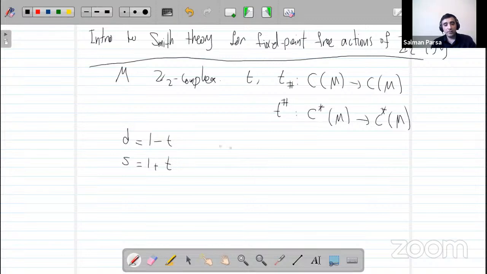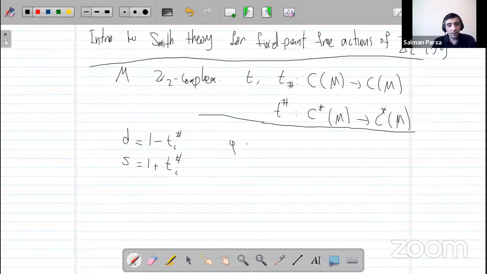I work from now on with cochains only, so you should think of these in cochains. These also have some dimension, but I won't write these dimensions and signs for simplicity.